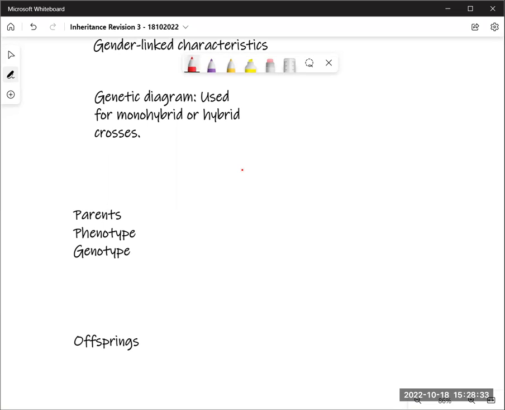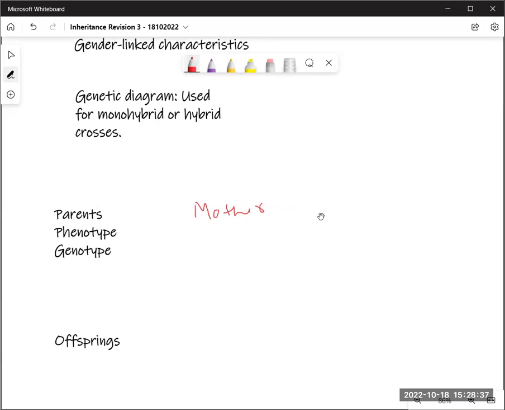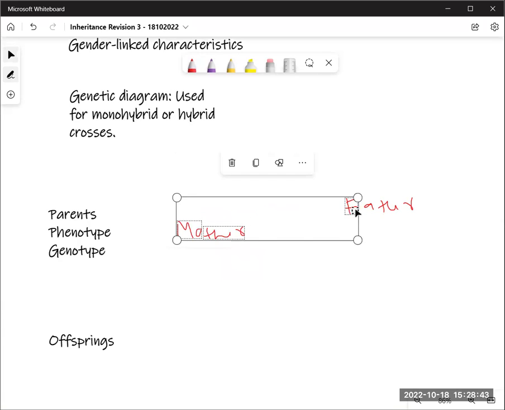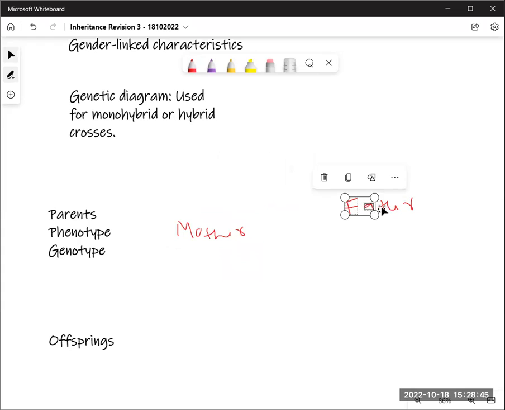Now, if I tell you that we have two parents, let's say the first parent is mother and the other parent is father. That's the phenotype, the physical characteristic of the parents. You could also say male or female.